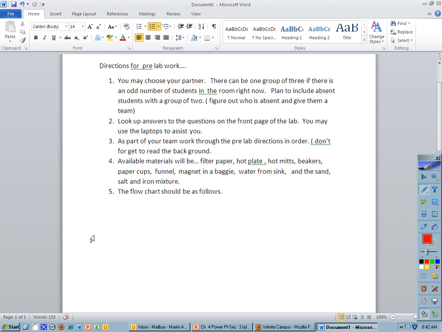But you need to include a plan for the absent student. So right now, we have 1 absent student in this particular class. So somebody needs to plan to include her so that when she shows up tomorrow, she has a group to join. So she'll be joining a group of 2 tomorrow. All right? So you guys have to figure out who's going to take in London and who's going to be in her group. Does this make sense?